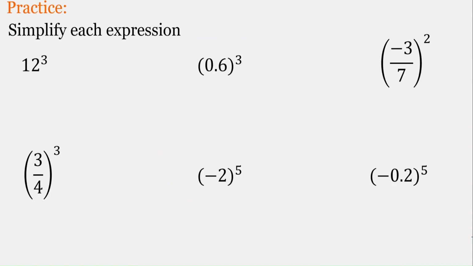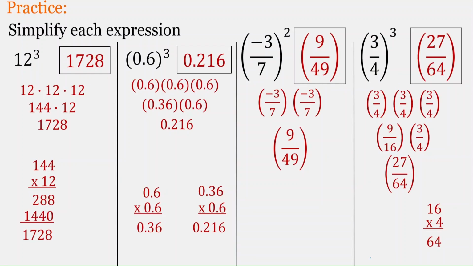A great way to learn is to practice on your own. We will discuss in a bit, but go ahead and pause your screen and do these 6 problems. So these 6 problems represent a great review of the last handful of lessons as we practice multiplying whole numbers, decimals, fractions, negative and positive numbers.